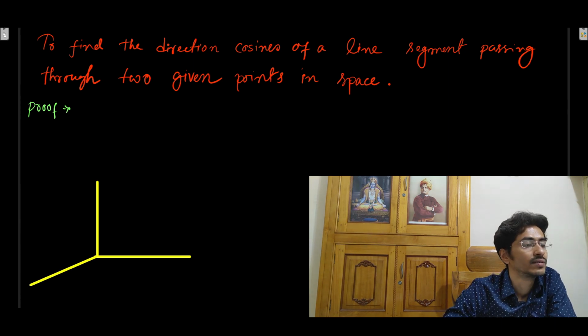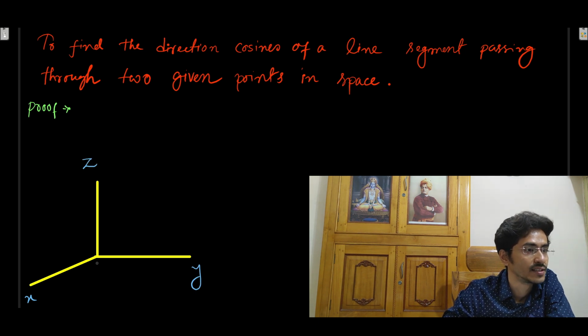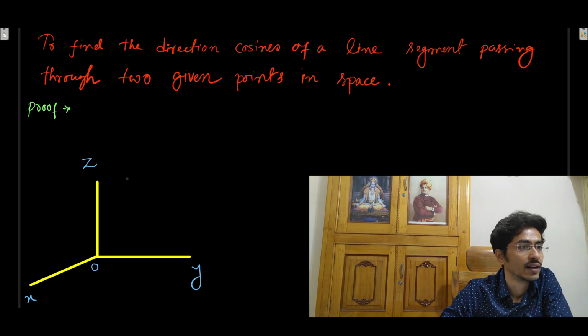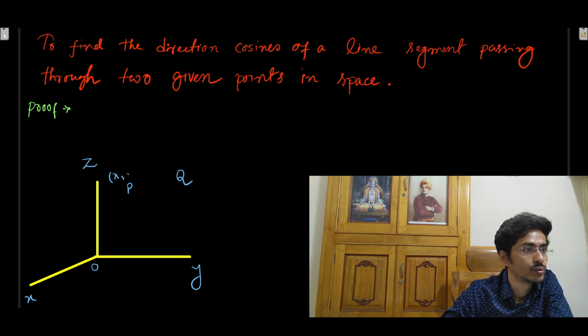So here we have taken the Cartesian coordinate system in 3-dimensional space, that is the x-axis, y-axis and z-axis. O is the origin. So here one point say P and another point is Q. The coordinate of P is say x1, y1, z1, and the coordinate of Q is say x2, y2, z2.